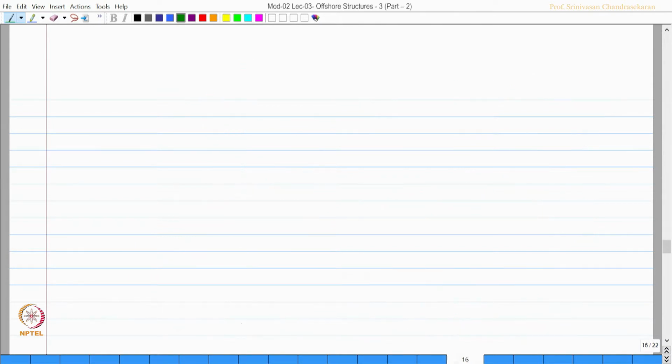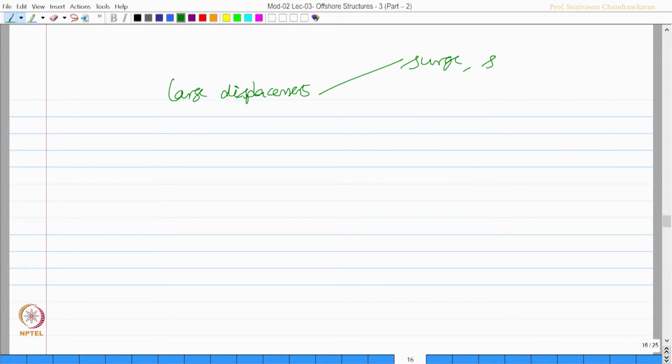So, the platform has permitted large displacement in surge, sway and yaw. They have restricted displacements and rotation.